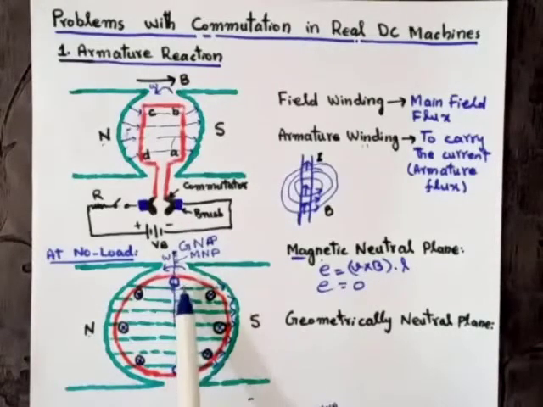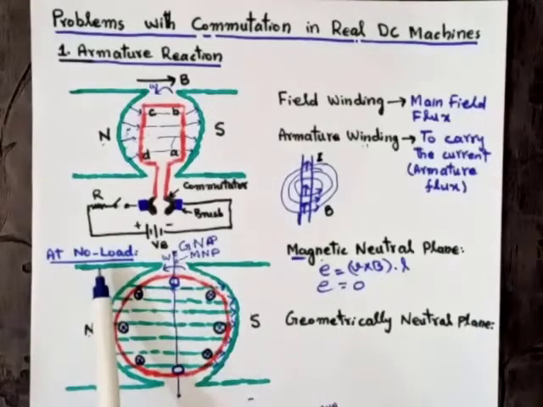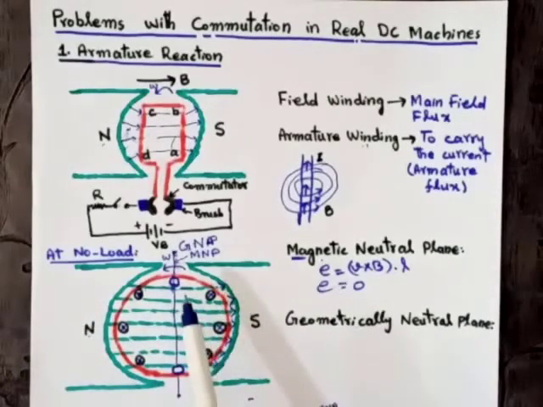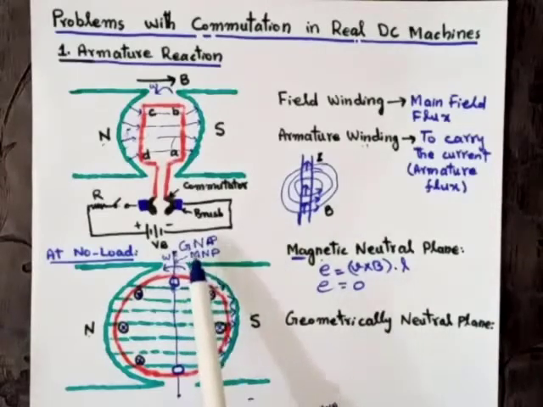This point is perpendicular to the stator field. If the plane is perpendicular to the stator field, then the plane is called the geometrically neutral plane. In case of no load, when no load is connected across the armature winding, the magnetic neutral plane and the geometrically neutral plane will be at the same position.